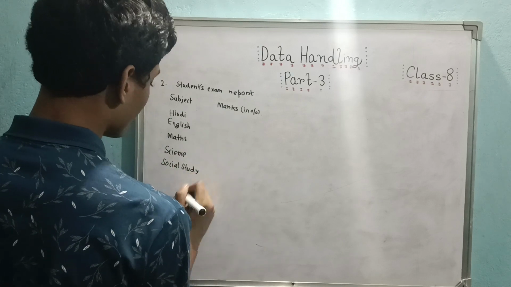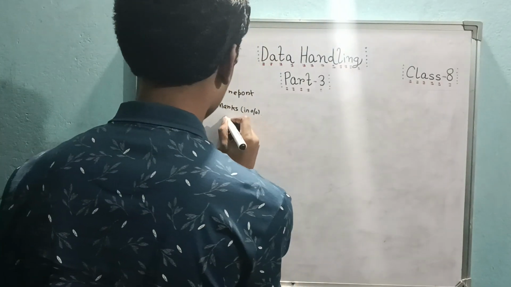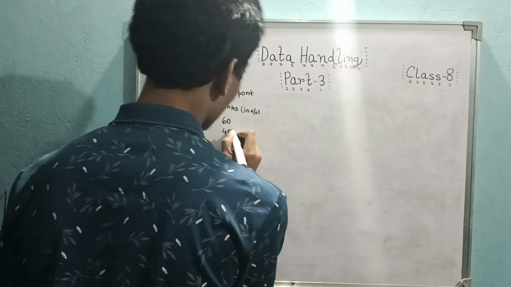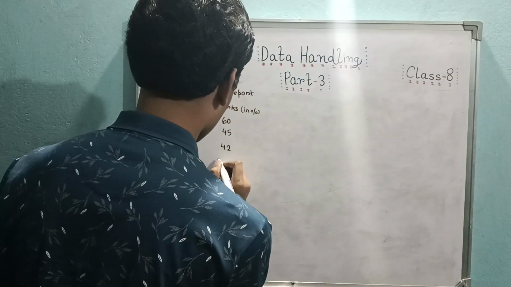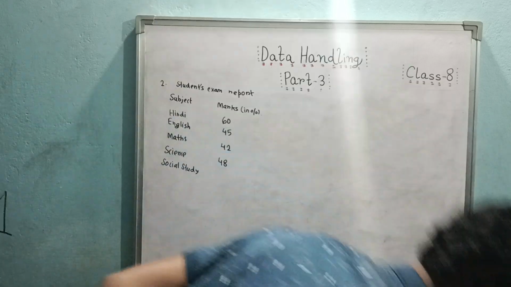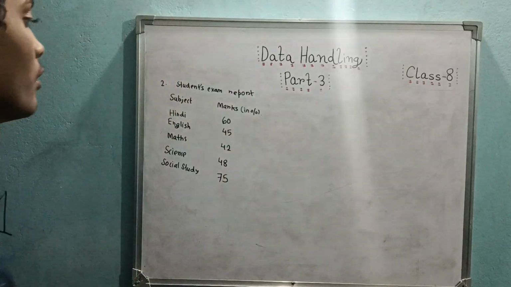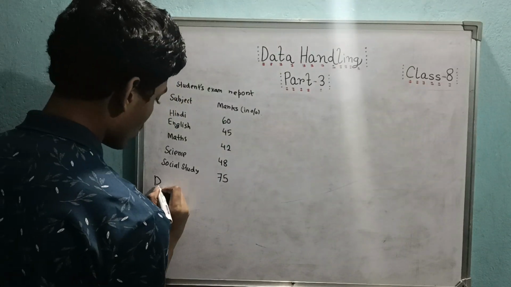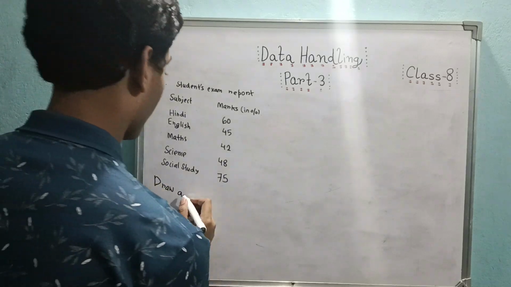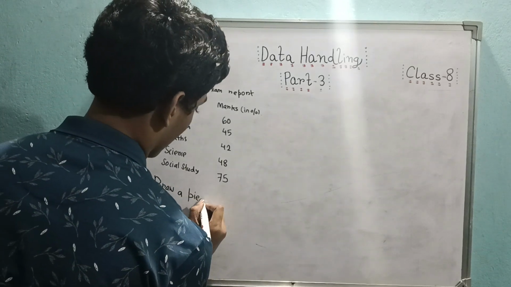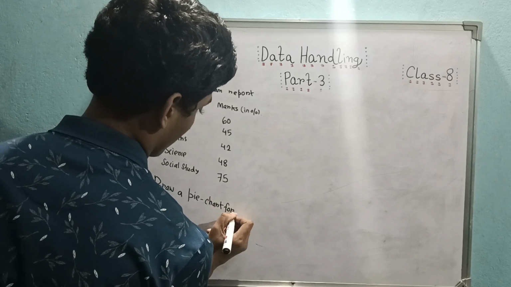And in percent he or she got these marks: 60, 45, 42, 48, 75. Draw pie chart. I told you pie chart and pie graph is same. Pie chart for the data.